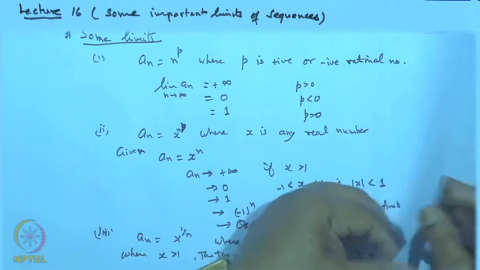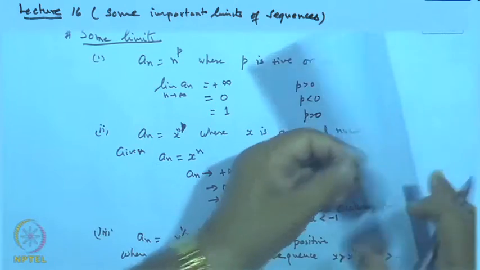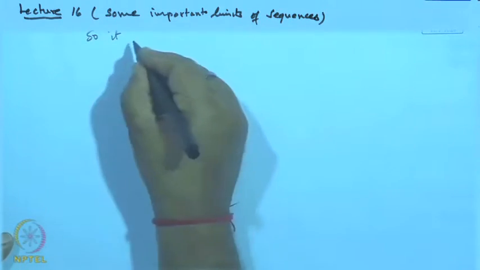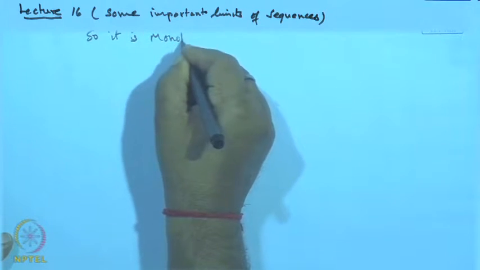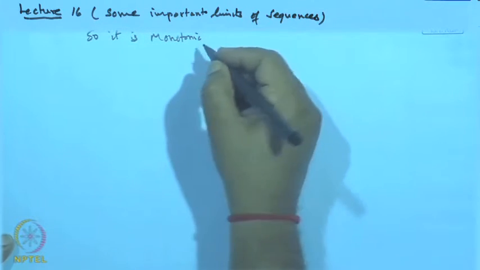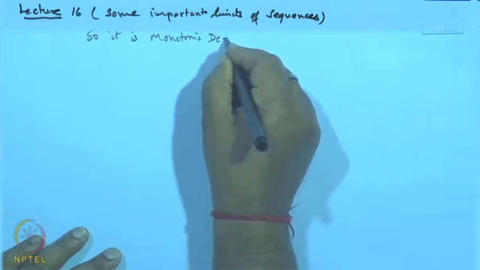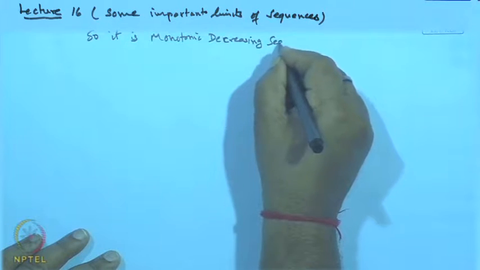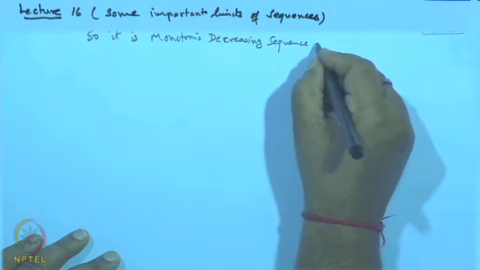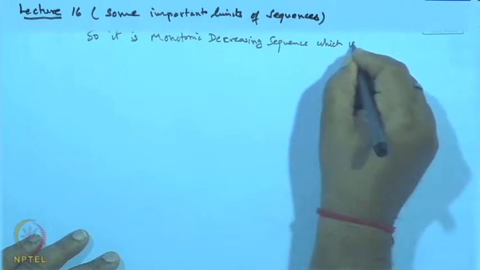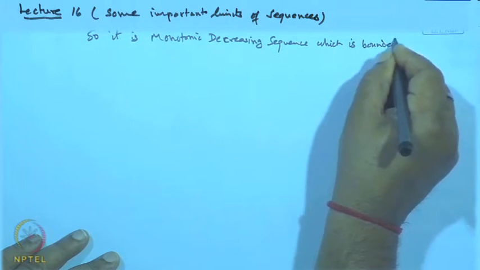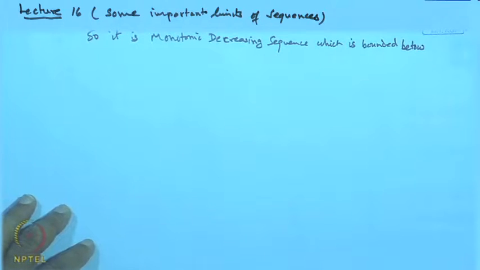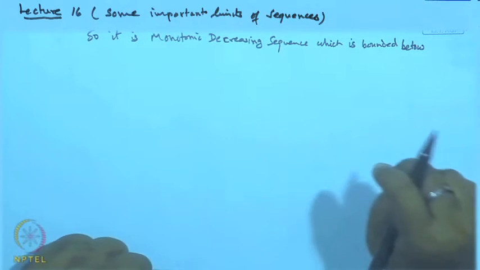So, it is a strictly decreasing sequence which is bounded below.